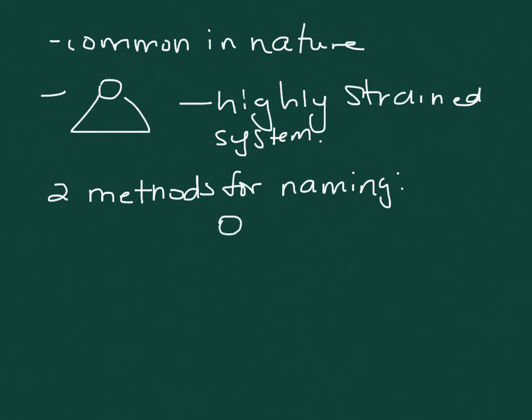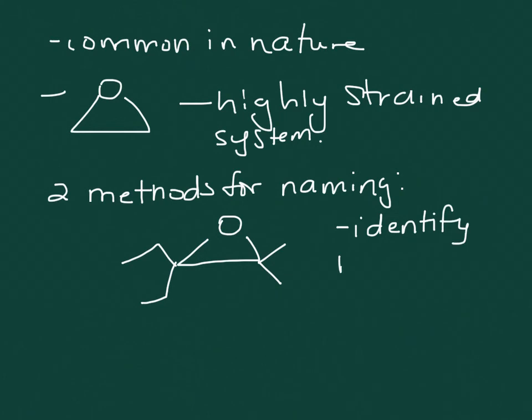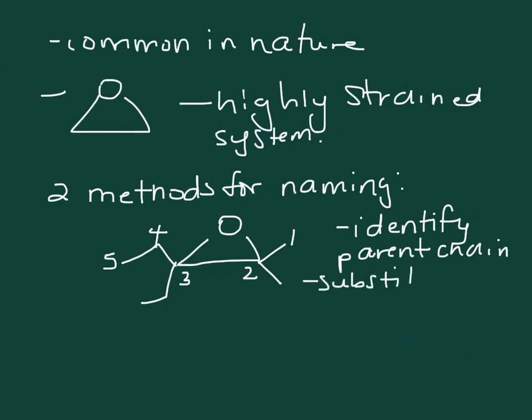So if we look at the example in the book, we're going to identify the parent chain. And you're going to assign the parent chain so that the substituents have the lowest possible numbers.